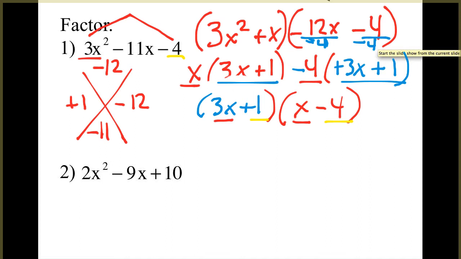Now I just do a quick little check: my inner is positive 1x. My outer is negative 12x. Altogether, that does make negative 11x. Pause the recording and write the notes if you need to, as we're going to move on.